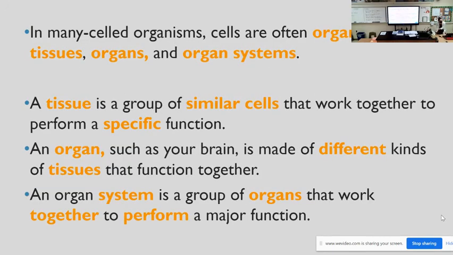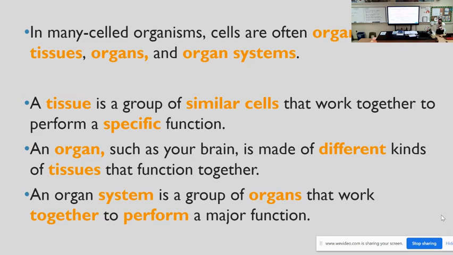Okay, so the way that cells are organized is you have your single cell, then it's organized into the group of tissues, then organs, then organ systems, and if you went a step further, those organ systems would create an organism, which is you.